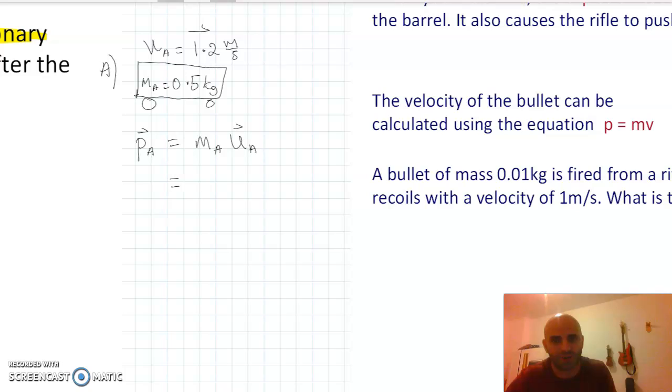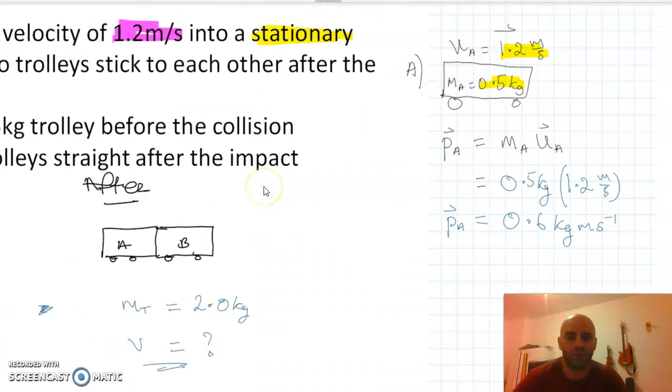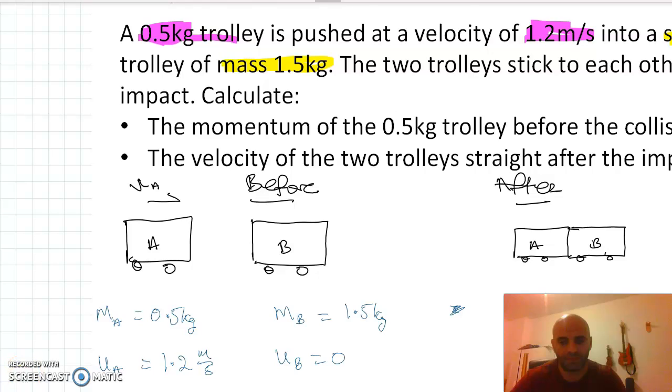We know the mass is 0.5 kilograms, and we know that the initial velocity is 1.2 meters per second. So that gives me 0.5 kilograms times 1.2 meters per second, and that gives me 0.6 kilogram meters seconds minus 1. So that is just the momentum of trolley number A.